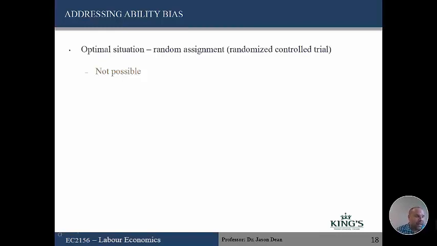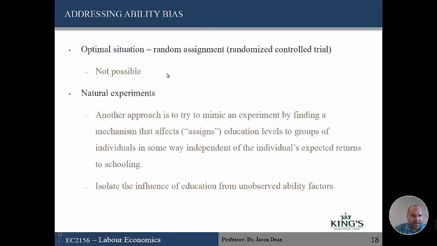So if we were to do that, then we could take the difference in the returns to their schooling and be assured that the difference is a result of the treatment, being that they finished high school versus not finished high school. But we can't do that in the real world, obviously. Randomized controlled trials aren't possible in this type of situation. They are for things like testing the effectiveness of medicine, but that's not possible here.